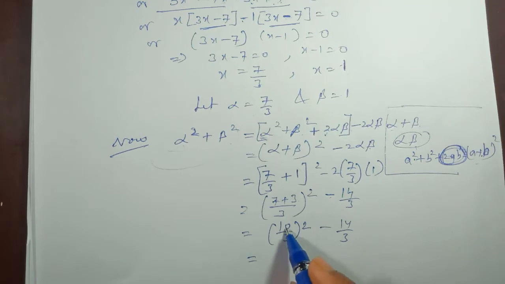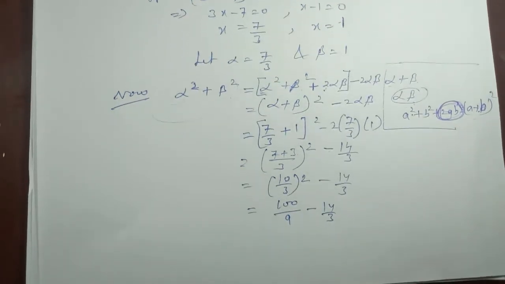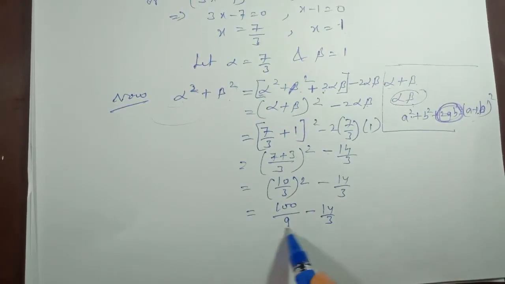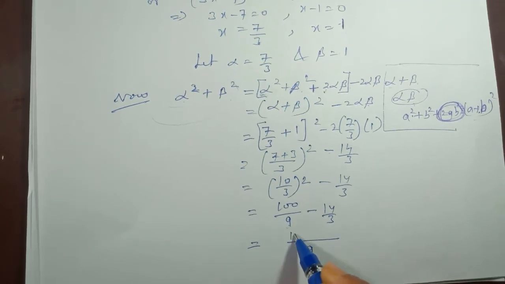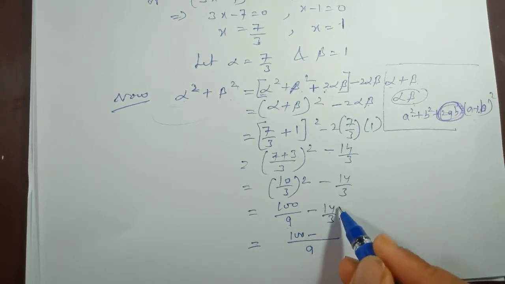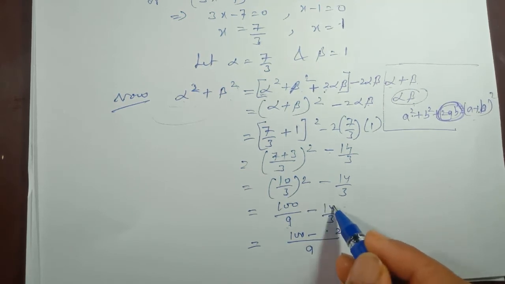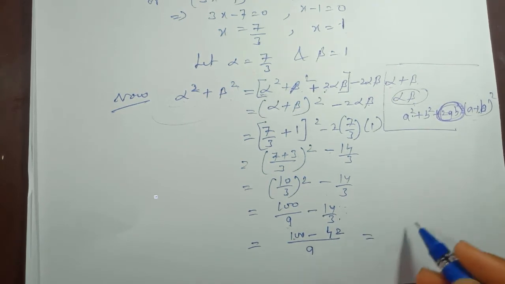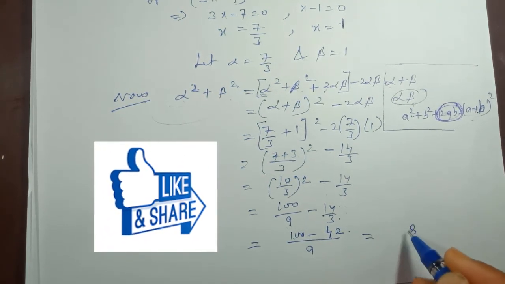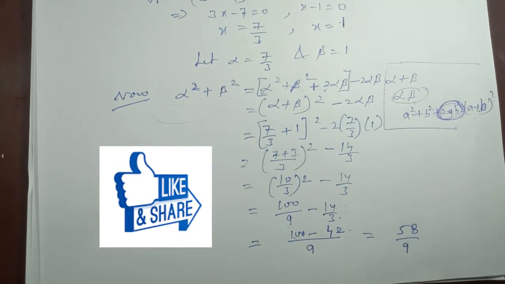Take the square: 10 square gives 100, and 3 times 3 is 9, minus 14 upon 3. Now we have to take the LCM for making the denominator the same. So it gives 100 minus 3 times 14, which is 42, over 9. 100 minus 42 gives 58 upon 9.